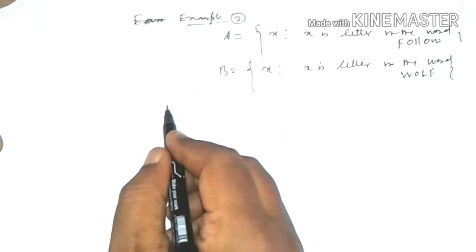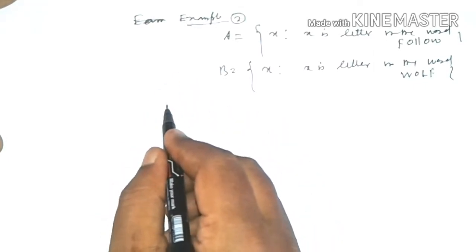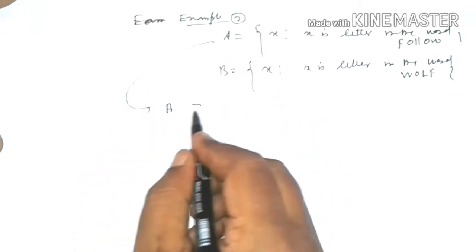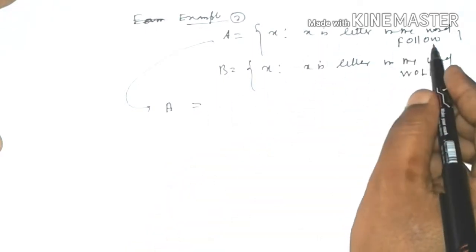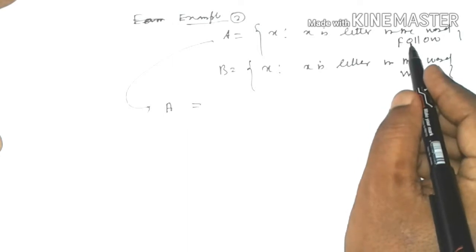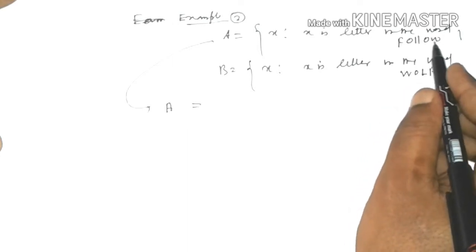Here you see that the elements of A are the letters in the word follow. What are the letters in the word follow? F, O, L, L, O, W.